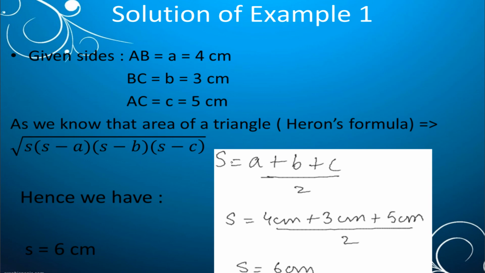We already know A, B, and C values. So S is equal to A plus B plus C by 2. This implies S is equal to 4 centimeters plus 3 centimeters plus 5 centimeters, whole divided by 2. By simplifying, S is equal to 6 centimeters. Understood, my dear children?